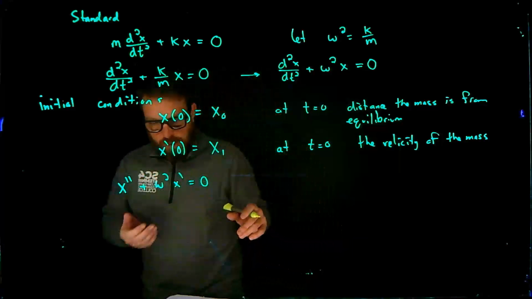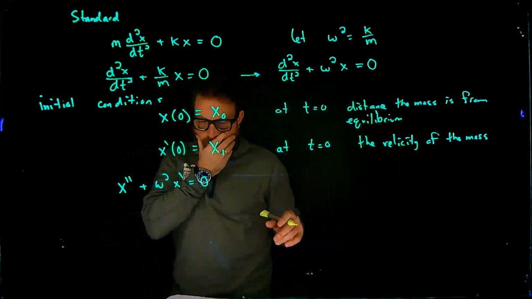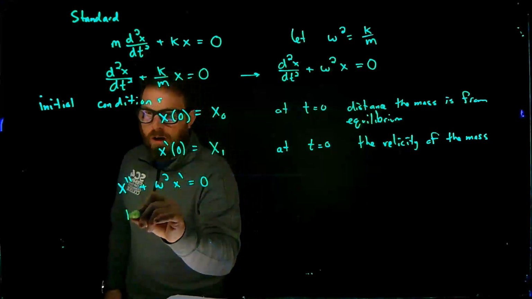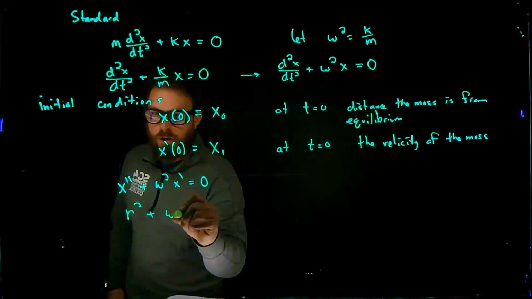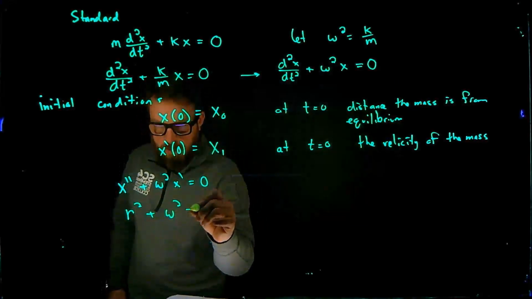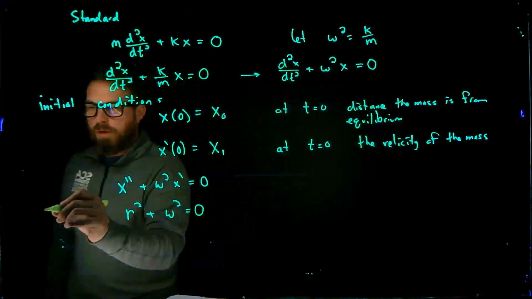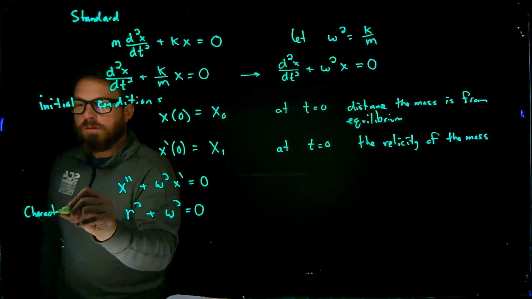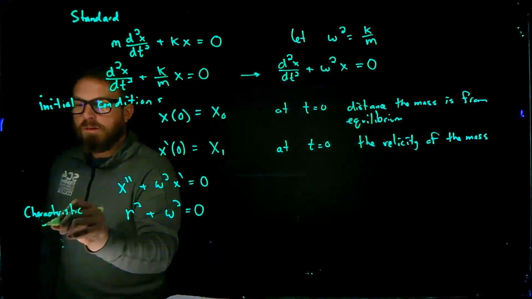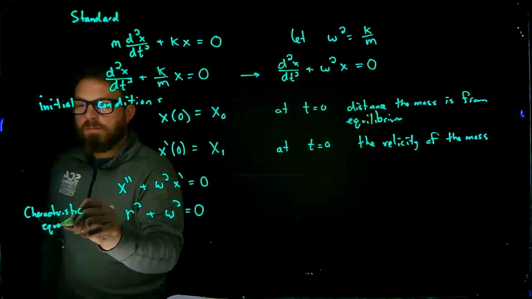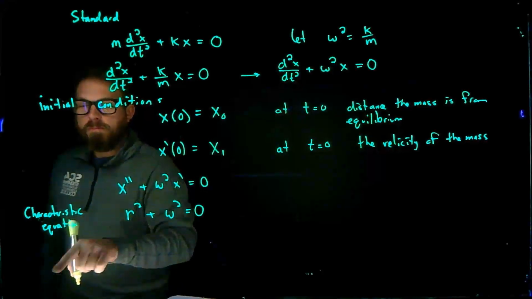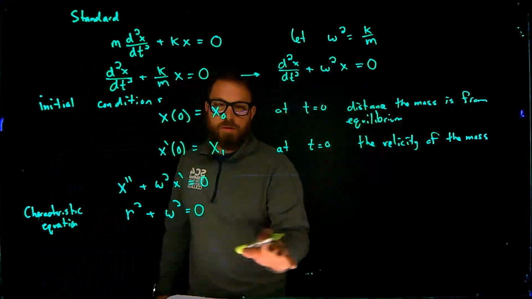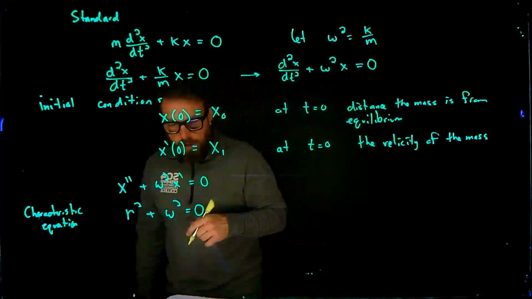we can turn this into r squared plus omega squared is equal to 0. This is the auxiliary equation, or the characteristic equation, as shown for solving anything of really a polynomial form.